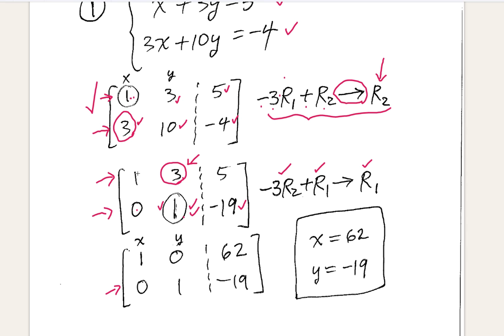Again, emphasizing it didn't change the first column. Negative 3 times 1 added to 3 makes 0. That's why we did this. Hooray. Negative 3 times negative 19 is 57, added to 5 is 62.